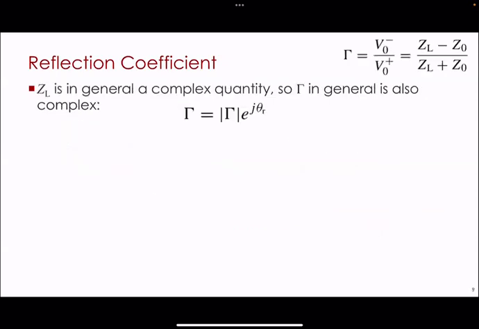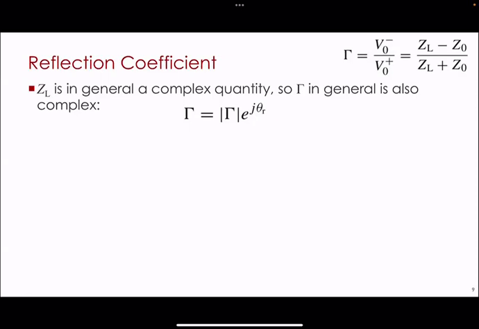So, it's important to remember that gamma, the reflection coefficient, is a complex number in general. What does that mean? It means it's got a magnitude and a phase, if you think about it in polar form. So remember, we've got rectangular form of complex numbers, and we've got polar form. Rectangular form is real plus j imaginary.